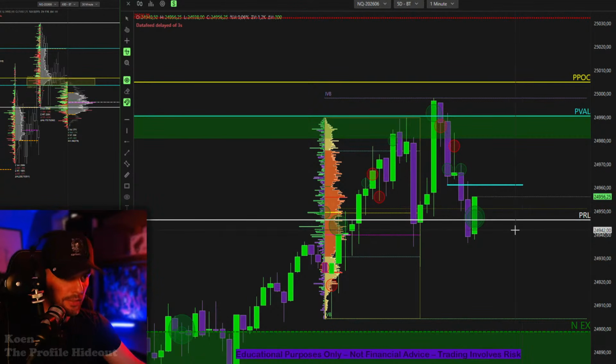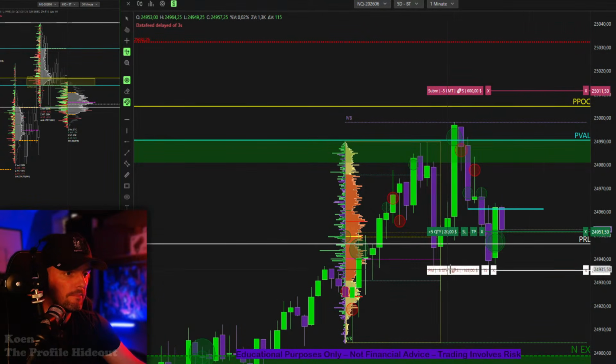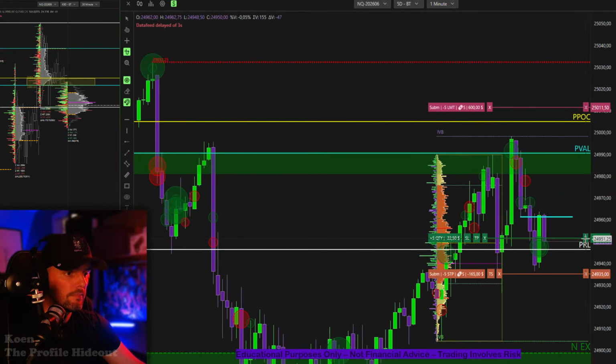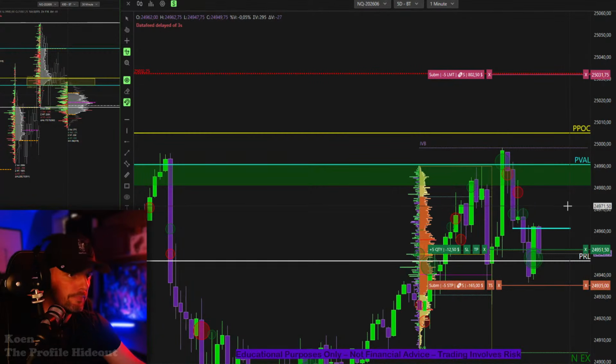Buyers defending prior range low. Delta is like super bullish last candle.